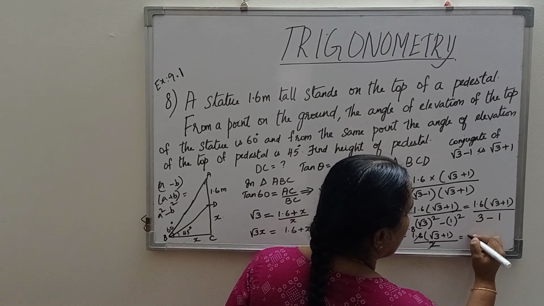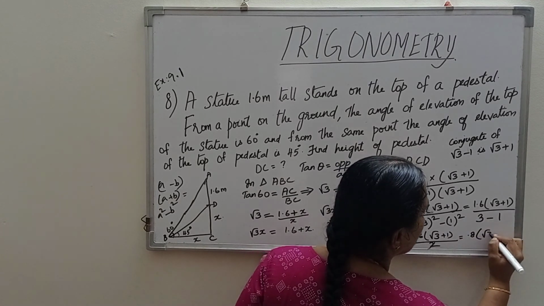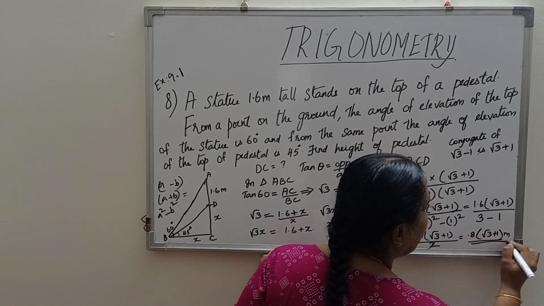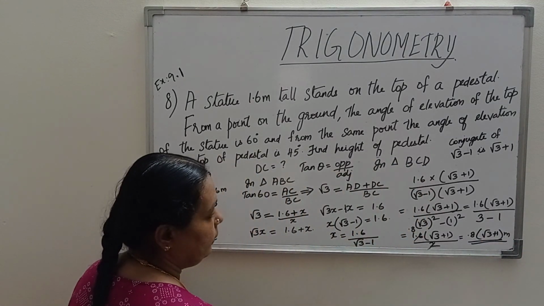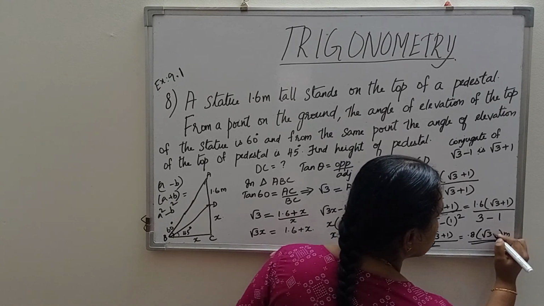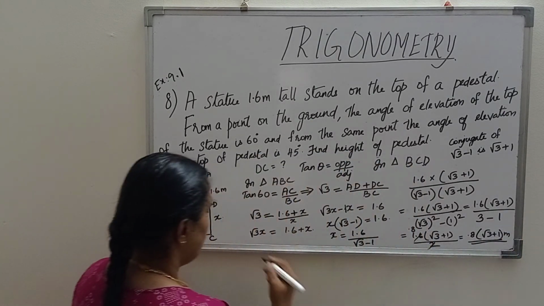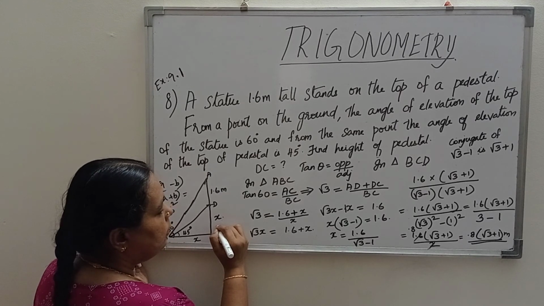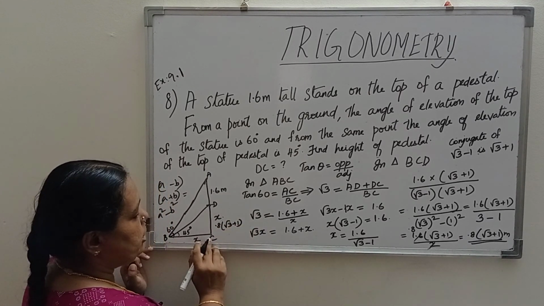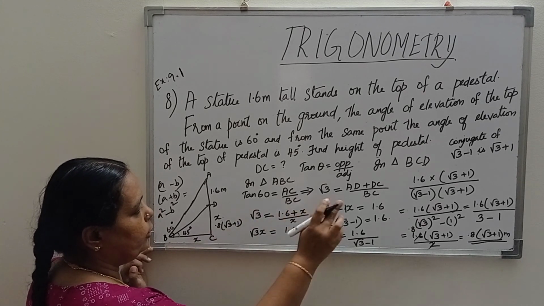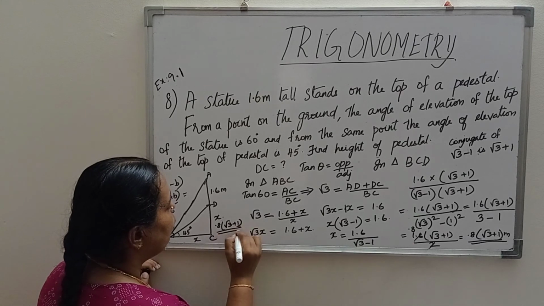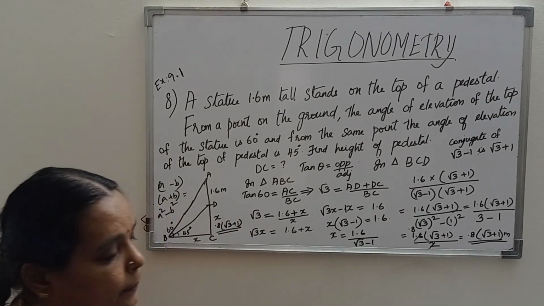So the answer will be 0.8 into root 3 plus 1 meter. DC is equal to 0.8 into root 3 plus 1. The measurement is the same for BC because DC is equal to BC.